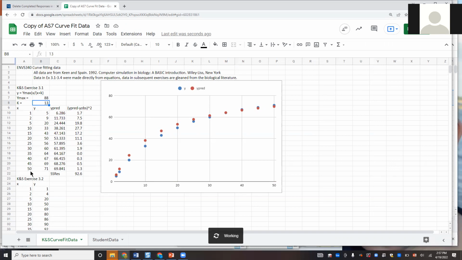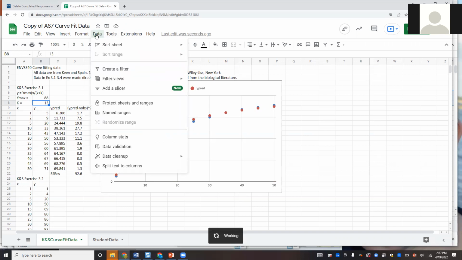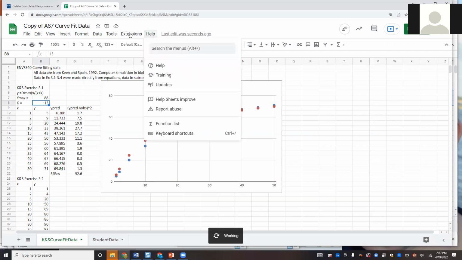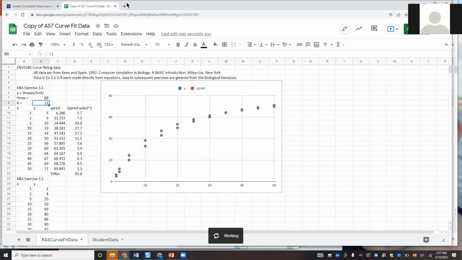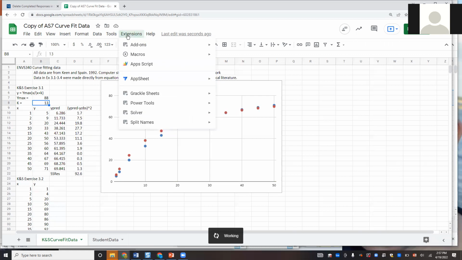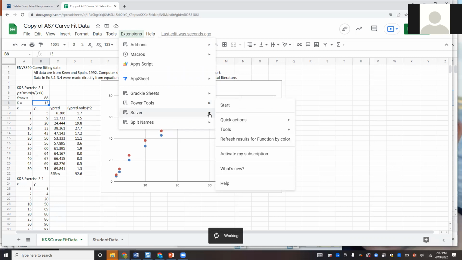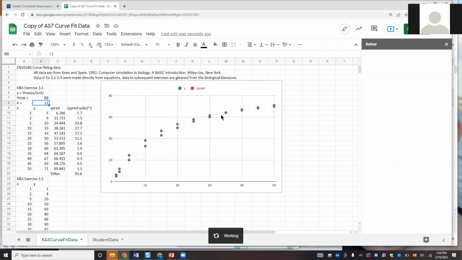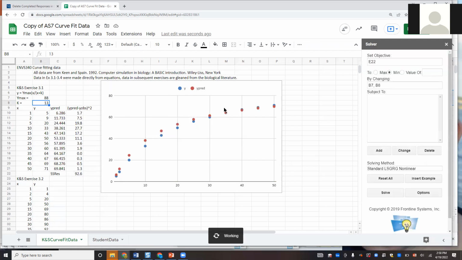Now, let us use the process we just used, because we wouldn't want to guess these things. We want to go to the solver. So let's go up to extension solver, and start. It's exactly the same procedure we're using here. Let's see if it's smart enough to know what we want to minimize.